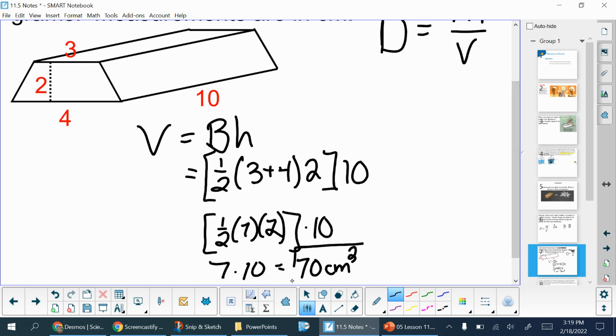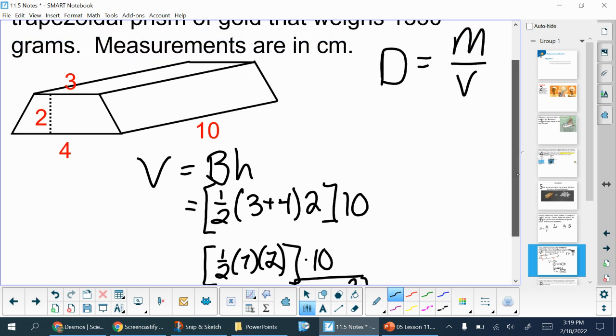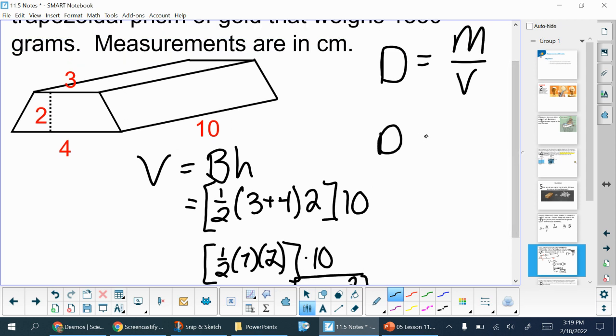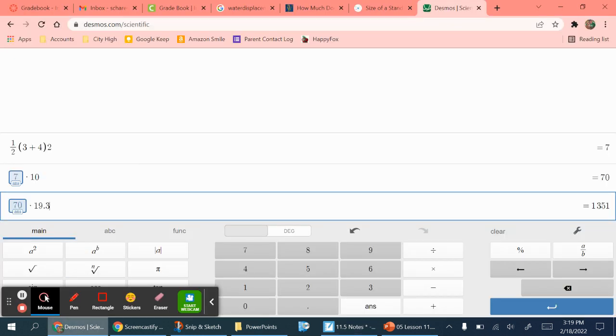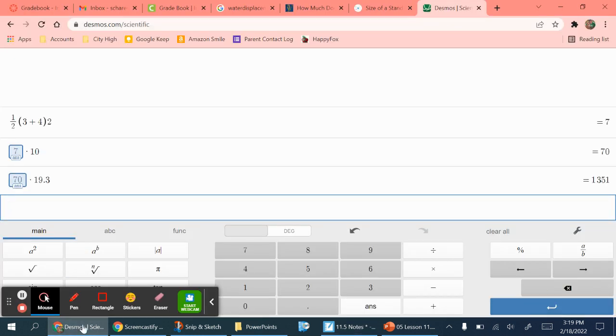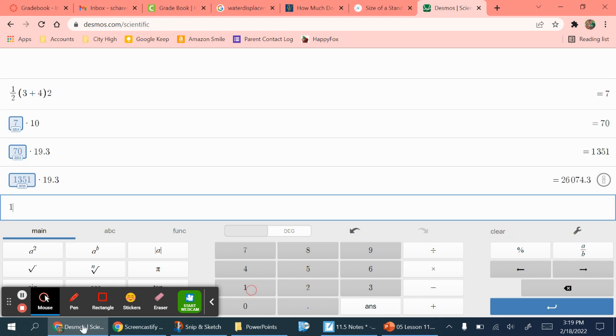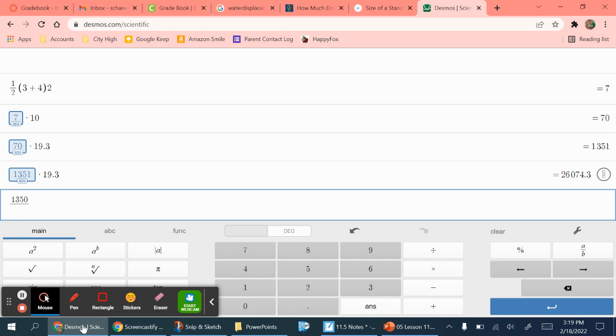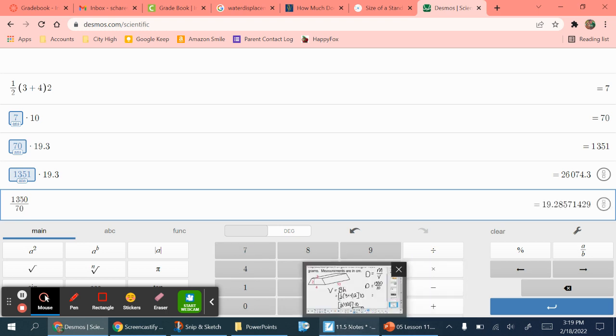Then I can go back up and say, now once I know my volume and I already know my mass, density is the mass, 1,350 grams divided by 70 cubic centimeters. And I guess I should probably pull out a calculator. So I'd want to take 1,350 divided by 70, and I get what would essentially round to 19.3.